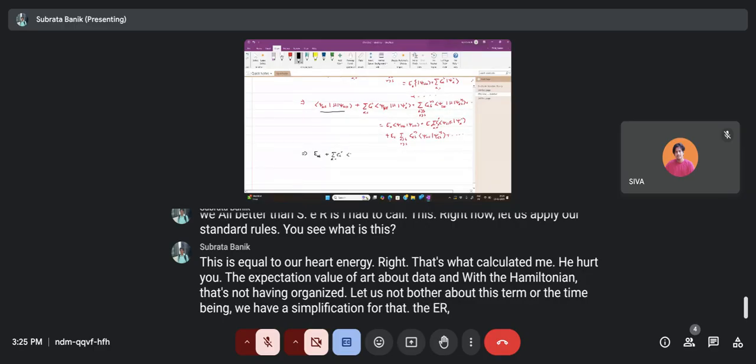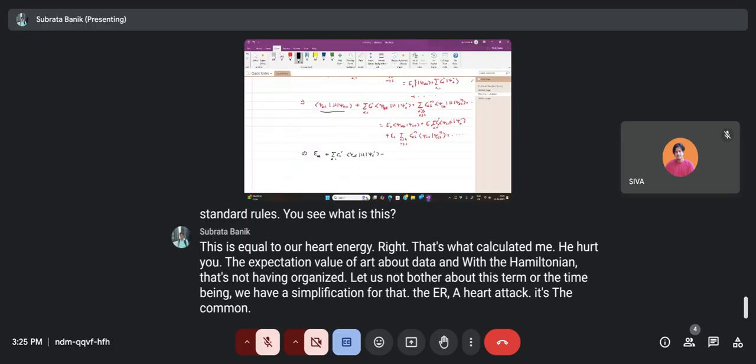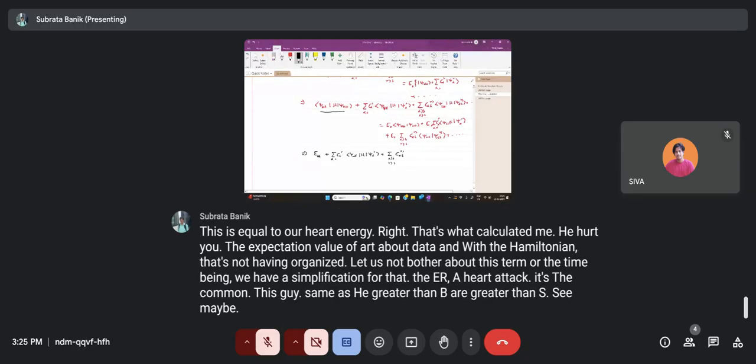c_a^r, Hartree-Fock, is psi_a^r. This guy, same as the sum over a greater than b, r greater than s, c_ab^rs, psi Hartree-Fock is psi_ab^rs, and all the terms.